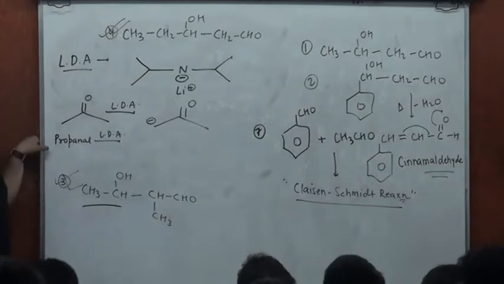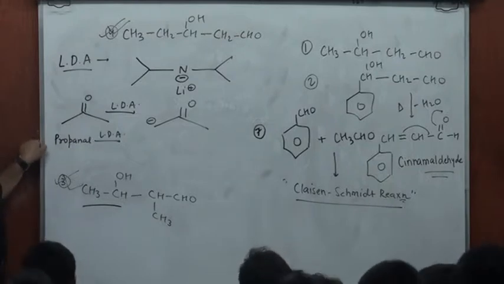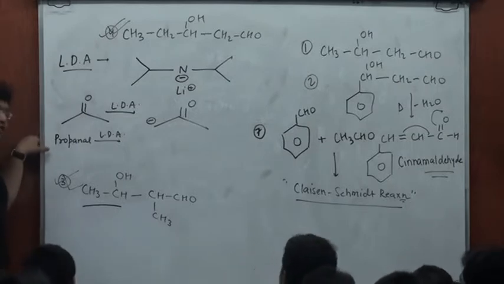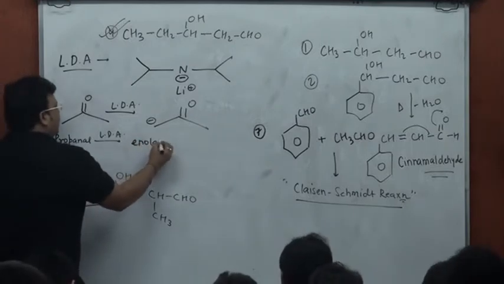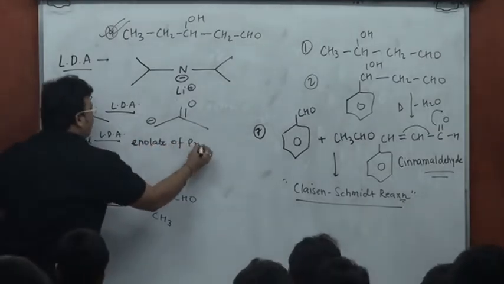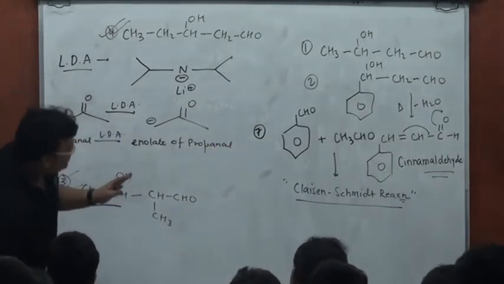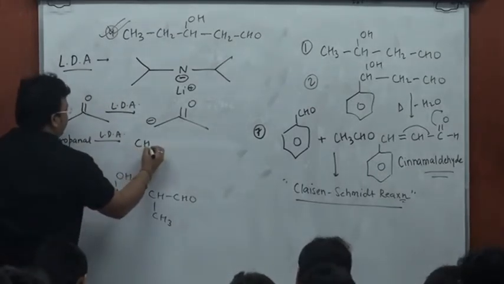So all molecules of propanol will get rid of alpha hydrogen. All of them will be converted to enolate, and this can act only as the nucleophile. And if it acts only as the nucleophile, the corresponding enolate of propanol, when instead of writing all of it, I could have drawn the enolate.